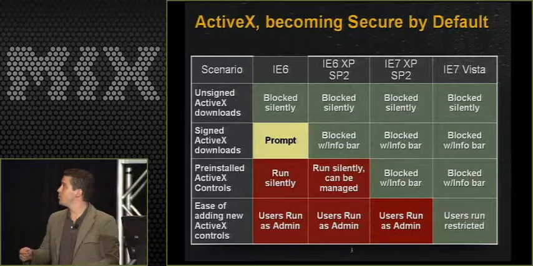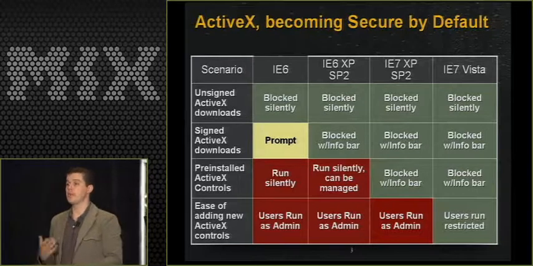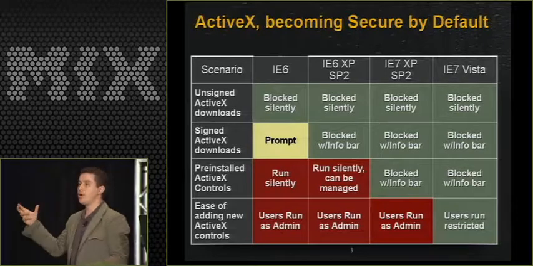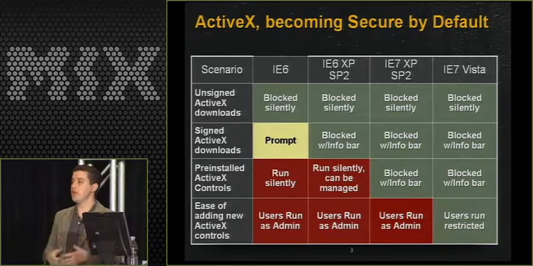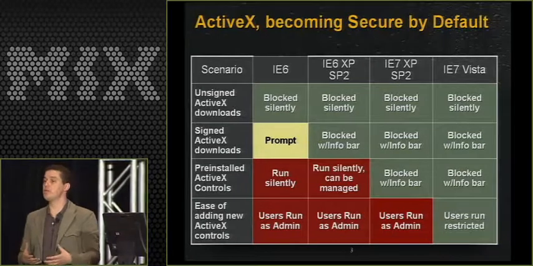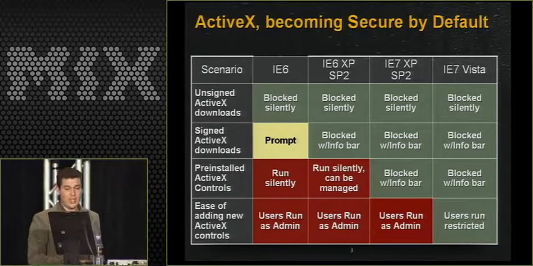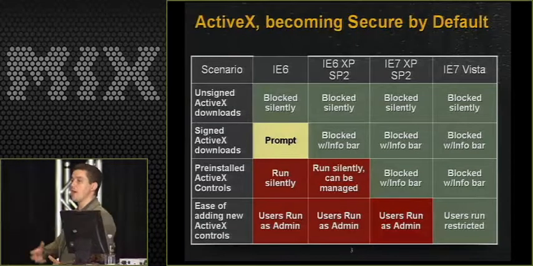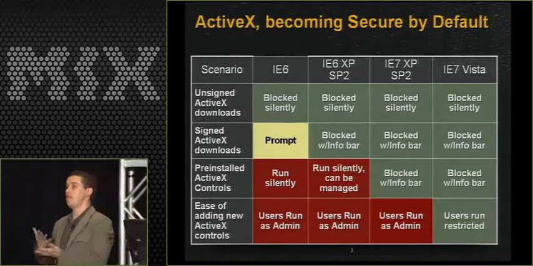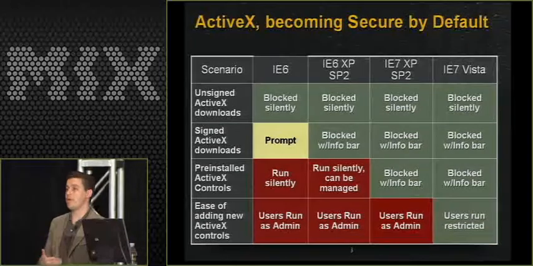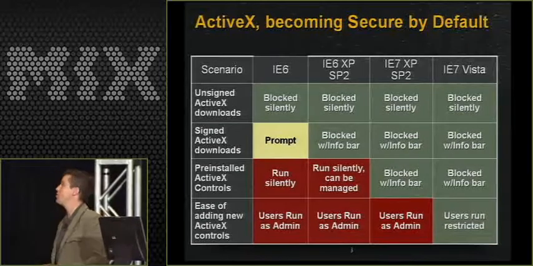So what we did in XPSP2 is we added that information bar. That's the first time you saw it used. Adding the information bar in XPSP2 actually made a big impact against sites that were able to coerce users into installing something that the end user didn't really want. So that already helped raise people's trust and confidence about browsing around, because they knew if they ended up on a site, they weren't going to be coerced into installing something.